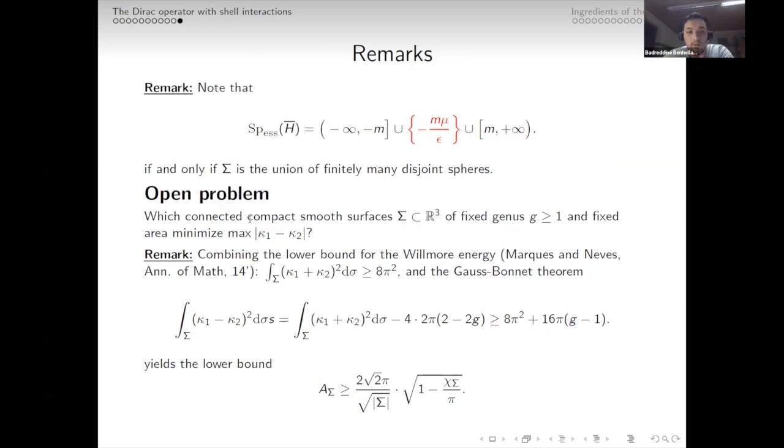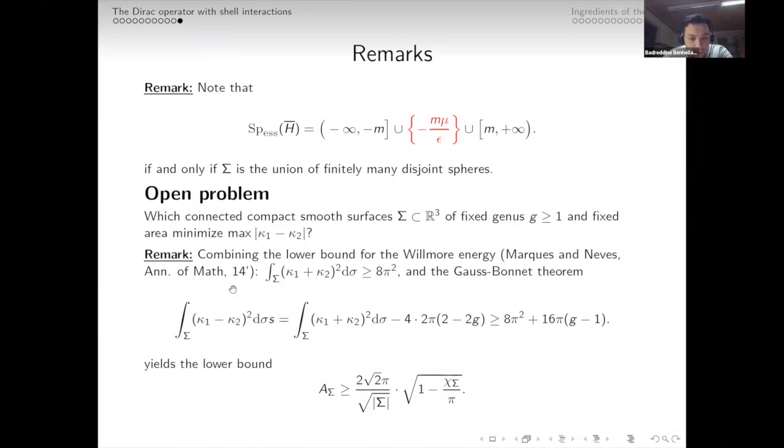And then we have an open problem, which is the following. We are looking for surfaces with genus bigger or equal to 1 and fixed area that minimize this maximum. As far as I know, I don't know if we can write this problem in Lagrangian form.